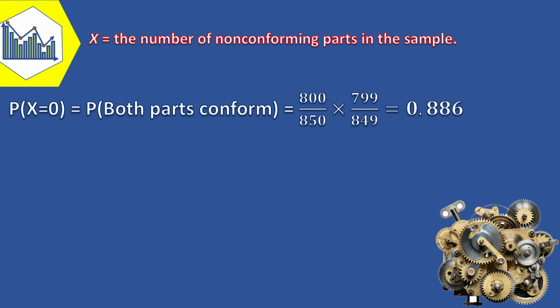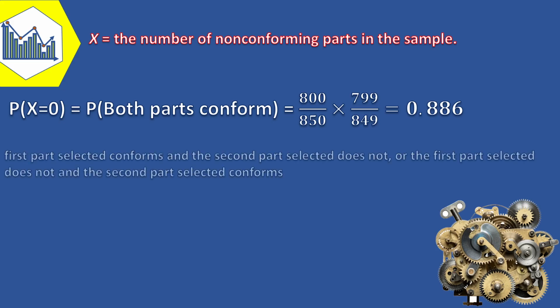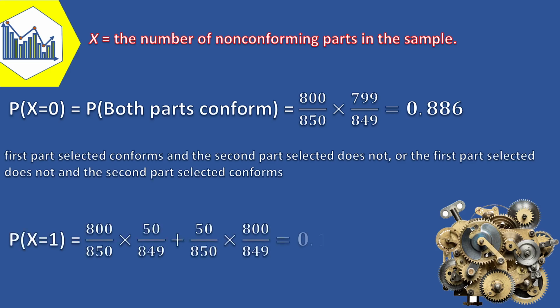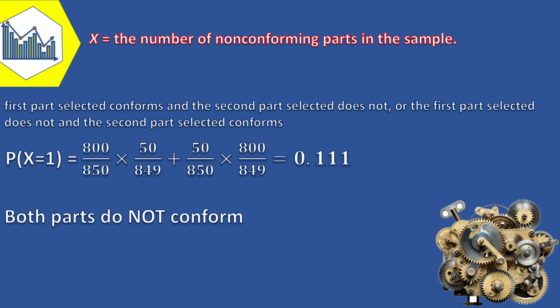The probability of X equals 1 is the probability that the first part selected conforms and the second part does not, or the first part selected does not and the second part selected conforms, and its probability is equal to 0.111. Then, the probability of X equals 2 is the probability that both parts do not conform, and that is equal to 50 over 850 times 49 over 849, and it's equal to 0.003.